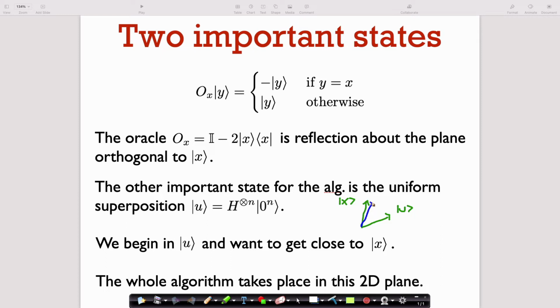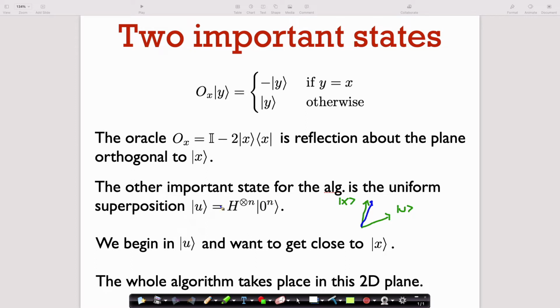Because if our state has a very large overlap with x, then with good probability when we measure, we're going to see x, and then we'll have the right answer.